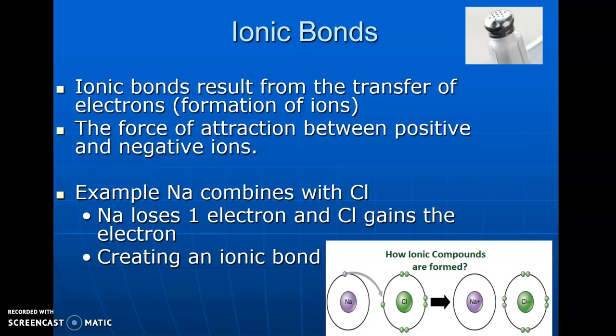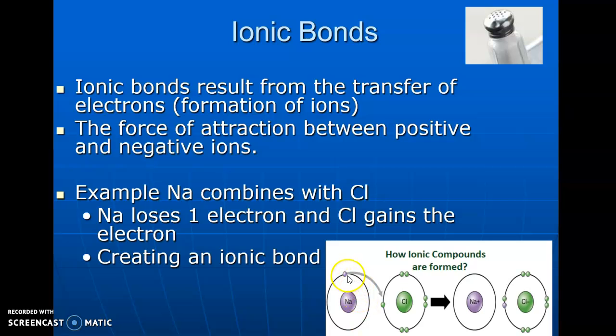We've used sodium chloride as an example before, and I'm going to continue to use it because it's such a simple, clear example. Sodium is an alkali metal with one valence electron. Chlorine is a halogen with 7 valence electrons. So if we look down here, it shows us what happens.